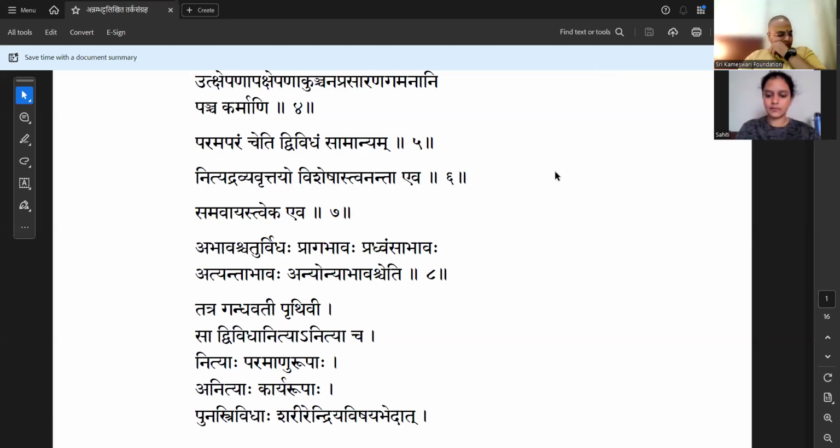Fine. So every time there is a pattern that you start with stating that particular topic which you're going to explain. Then if there is any classification, you classify, then you define, then you validate. So this is the method.